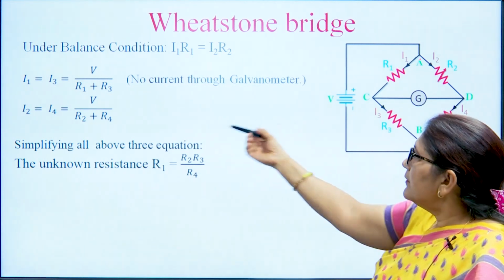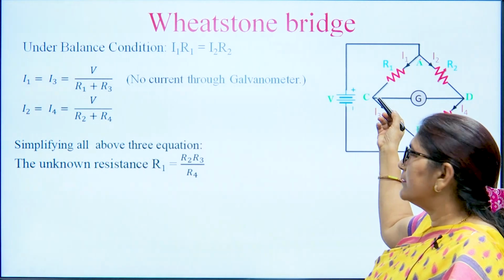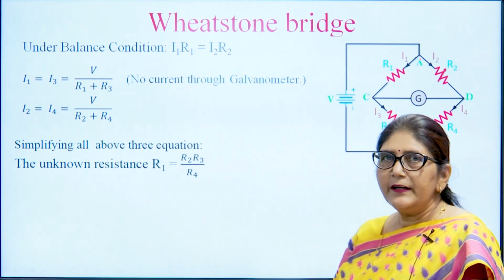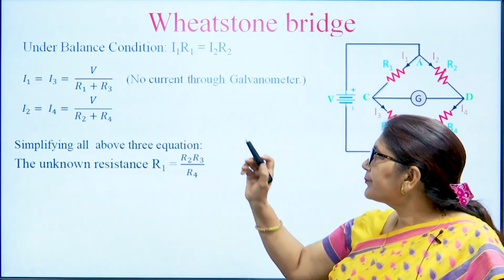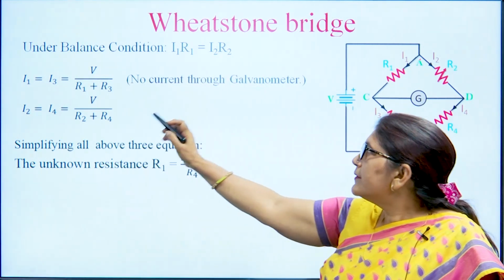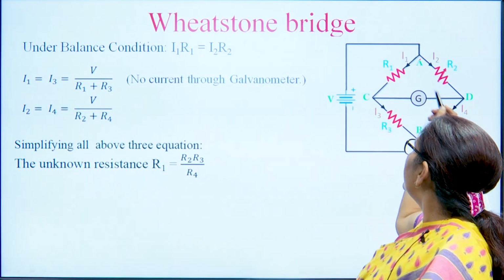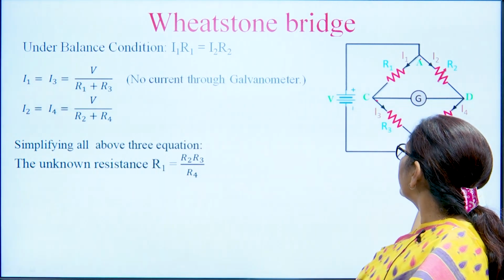So, we can see in this equation that since there is no potential difference between C and D, I1 R1 is equal to I2 R2. Similarly, since there is no current through the galvanometer, the I1 current will flow through R3 also.